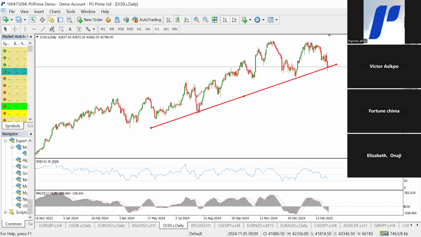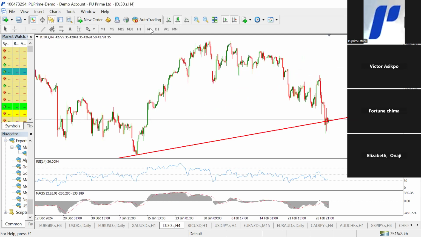You can see price has touched the trend line multiple times. This is actually very, very close, so we can still make use of it. And yesterday, price closed touching the trend line. So technically, we should see a bounce in the bullish direction on the DJ30. And that's on the daily.